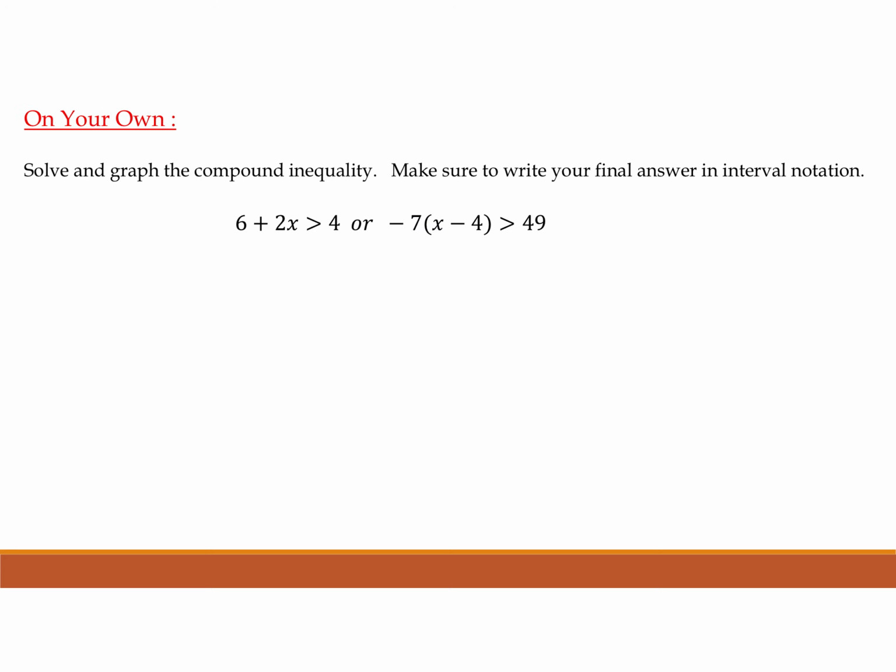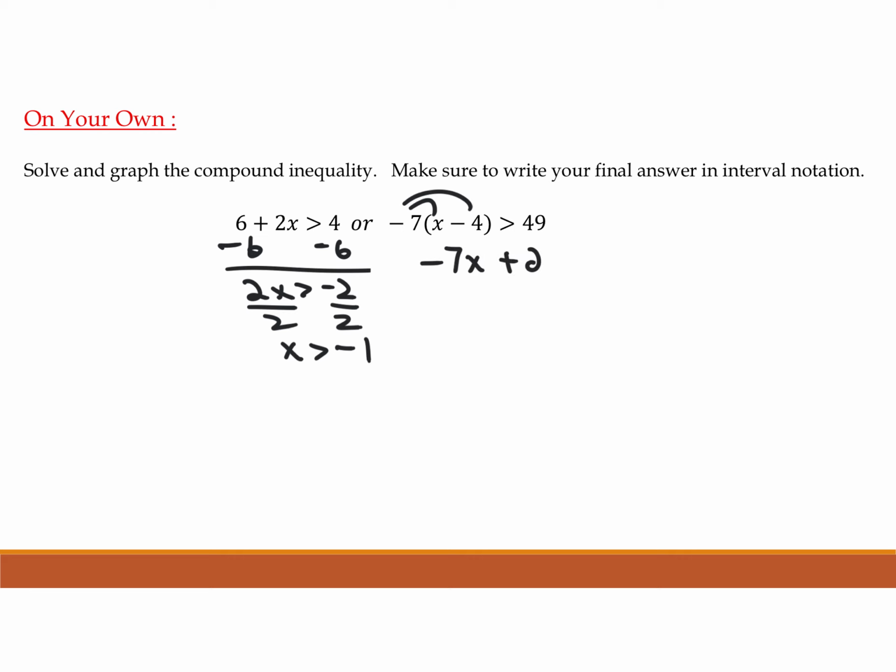All right, we have an OR compound inequality. Going to solve. Divide by 2. And I get x is greater than -1. Second part is distributive. So I get negative 7x plus 28, because a negative times a negative is a positive.